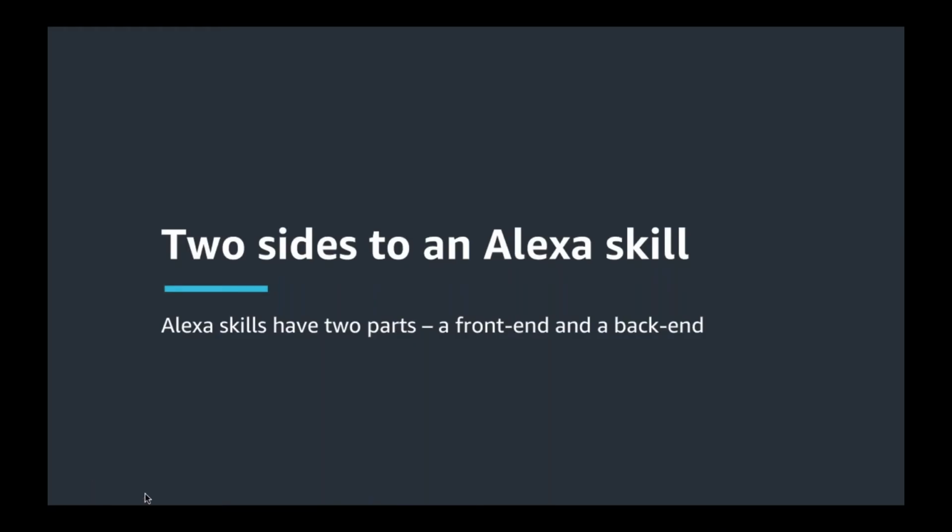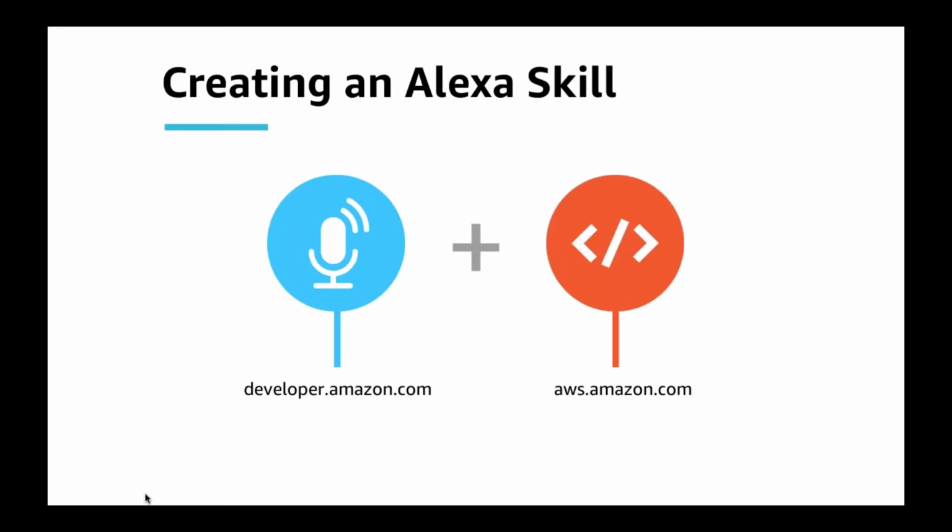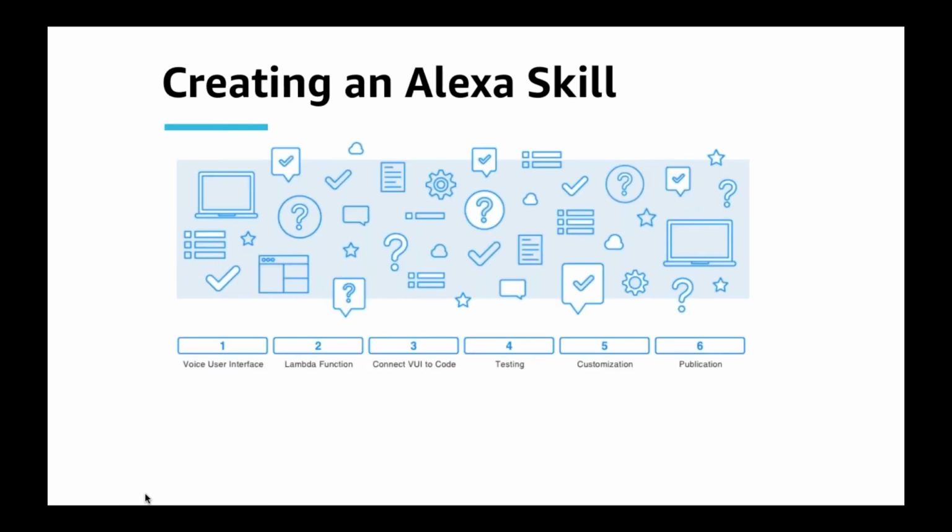Okay, so two sides to an Alexa skill, front end and back end. The front end is the voice user interface, and the back end is the programming logic. The voice user interface is done on developer.amazon.com, and the back end is done on aws.amazon.com. AWS is where we will create a Lambda function which will get triggered when our users are talking to Alexa.